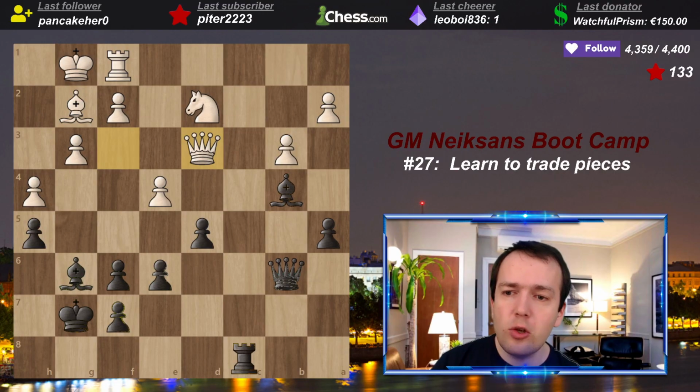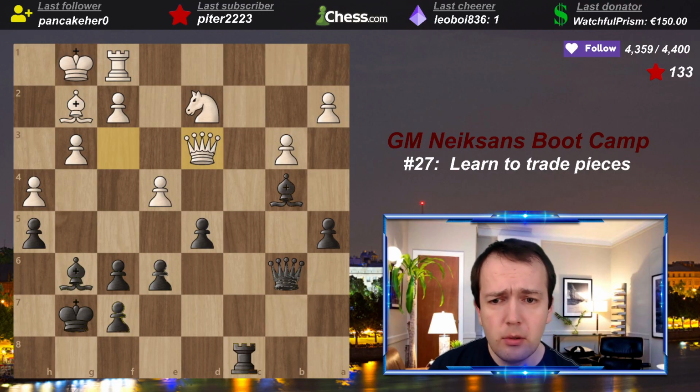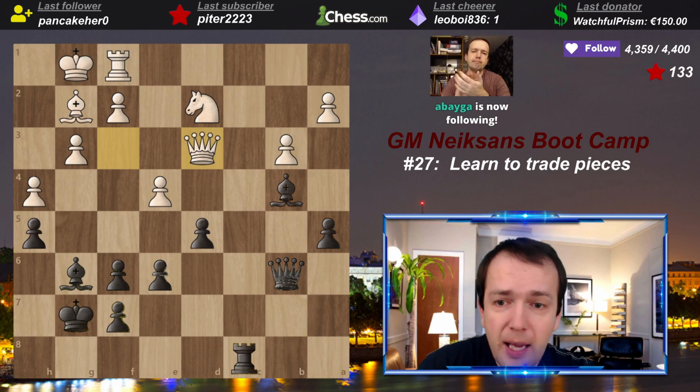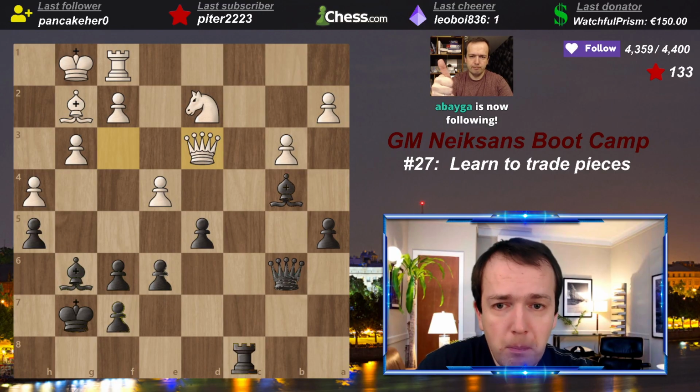The main things to evaluate. Oh, there's a lot of things. King safety, control of the squares, piece activity, control of the open files. So for example here, how do I establish that black is better? Black has very powerful bishops. Black has an open c file.